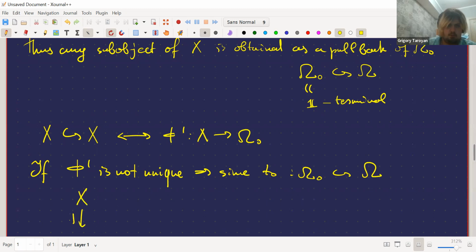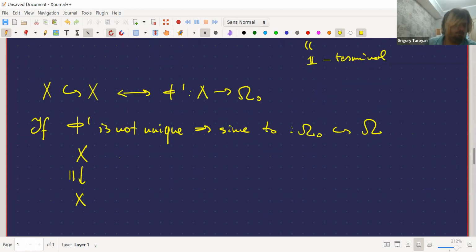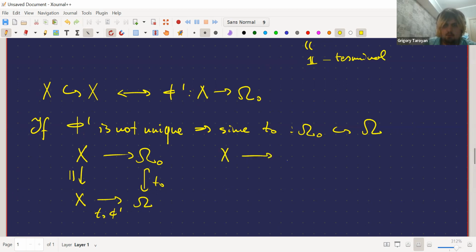We have X to X, which is just the identity. Omega 0 to omega, which is just T0. And here we have T0 phi prime. And we also have another square of a similar nature, but for the other map. So perhaps we had phi prime and phi 2 prime. Then what we get here is the same square, but here we get T0 phi 2 prime.